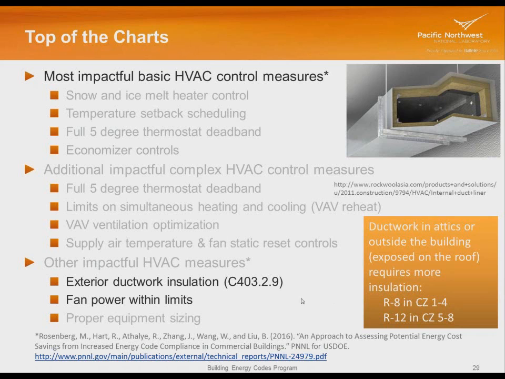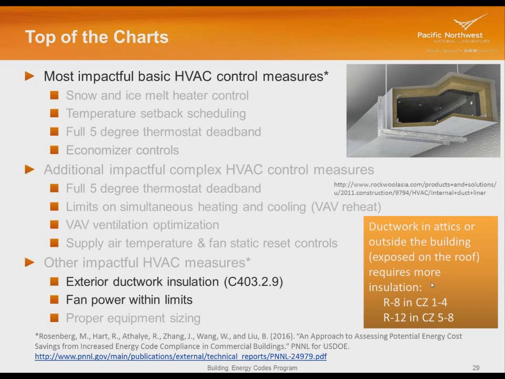And in IECC 2015, those requirements went up. For exterior ductwork, we need R8 in climate zones 1 to 4, R12 in climate zones 5 to 8. So again, that's exposed on the roof or in the attic, needs more insulation. If it's just in an unconditioned space inside the building, it can get by with a little bit less.